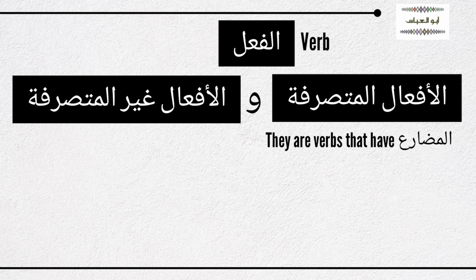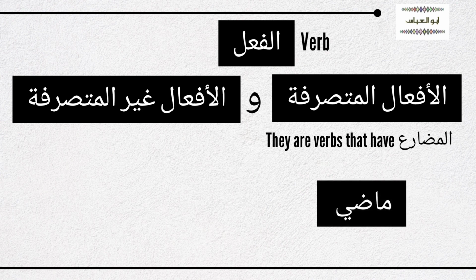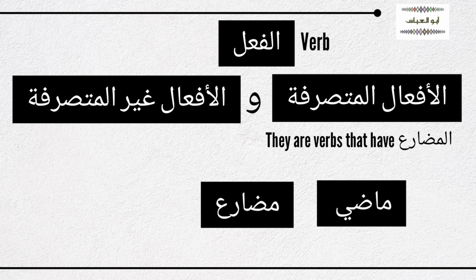There are some other things that we can add to that, but in summary, those verbs that can go from past tense madi to mudari' and to amr, that is what we call al-af'alu al-mutasarrifatu.